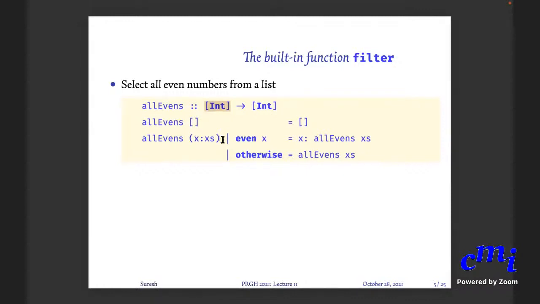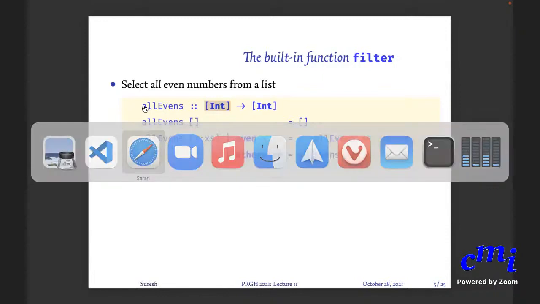Your original is some x followed by xs, then you have to make a decision whether I should add x to the output or not. In case x is even, you add x to the output and then recursively call all evens on xs. Otherwise, you don't add x to the output, you ignore x and you say all evens of xs. Is this clear? Yeah, let's try to code it.